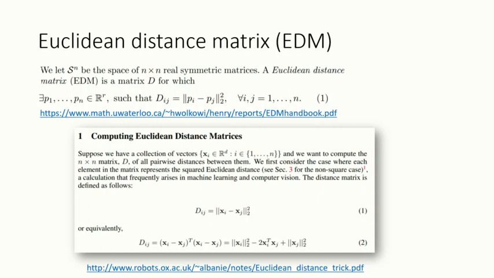And you can do this if you have a vector set. So you have 5 points here and 3 points here. You can compute a matrix from each of these 5 points to each of these 3 points. What's the distance between them? That's a pairwise distance matrix.